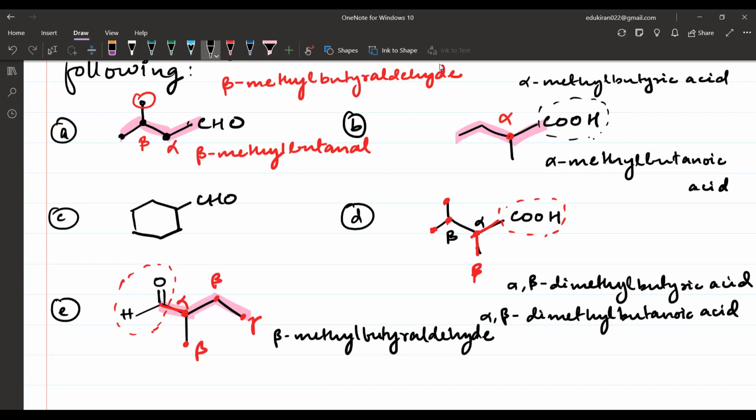आप लोगों को इस तरह से लिखने नहीं बोलेगा. अगर आपको किसी ने ये कंपाउंड दिया तो आप यहाँ पे लिख सकते हैं 1, 2 methyl butanol. But दिक्कत तब आती है जब आपके पास ये कंपाउंड ऐसे लिखा हुआ है and it says that you have to draw the structure of beta methyl butyraldehyde. Now in that case you should know what it is saying. Wait a second, this is going to be alpha methyl, not beta methyl. My bad. Because alpha carbon is having a methyl group, not the beta carbon. Okay.